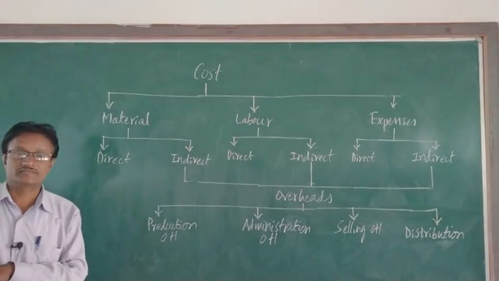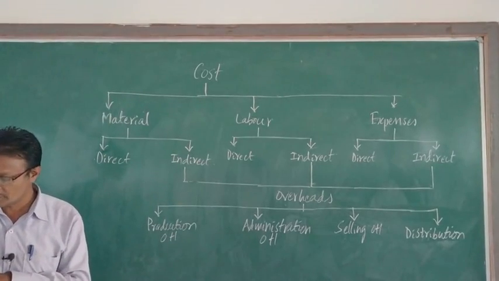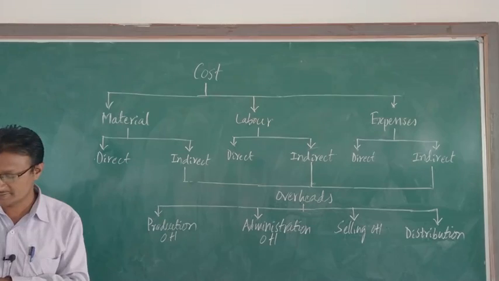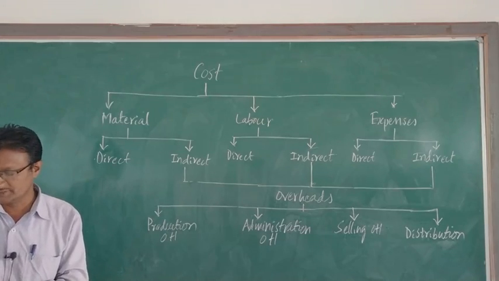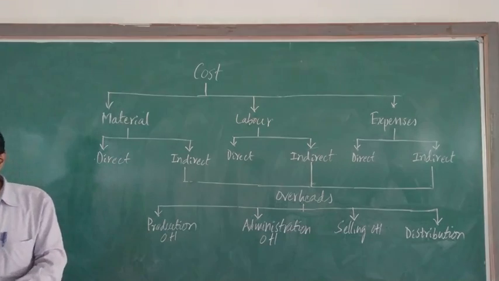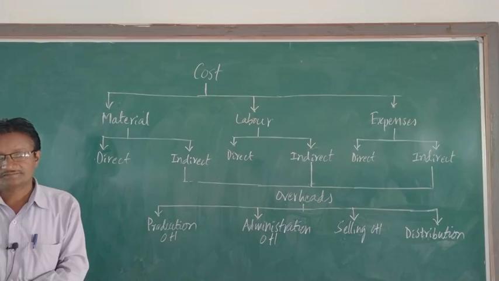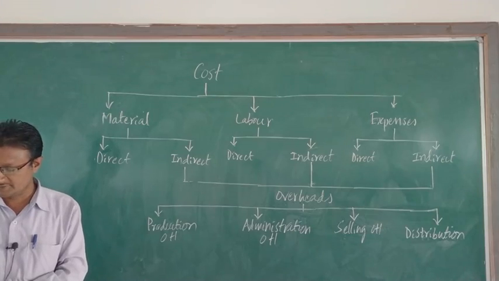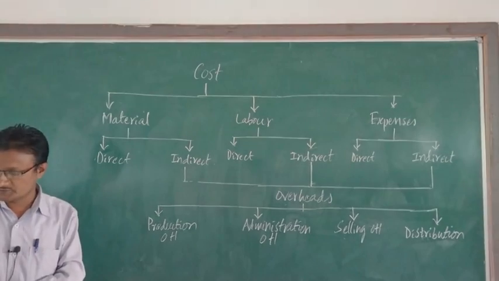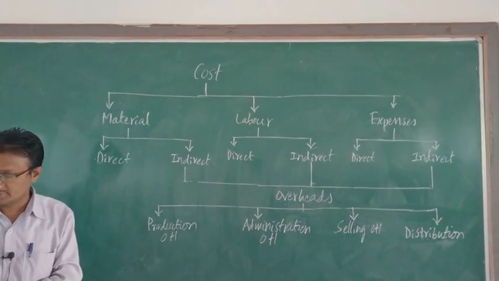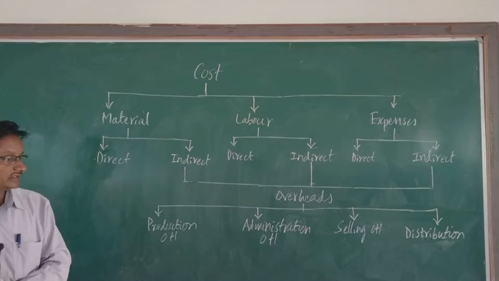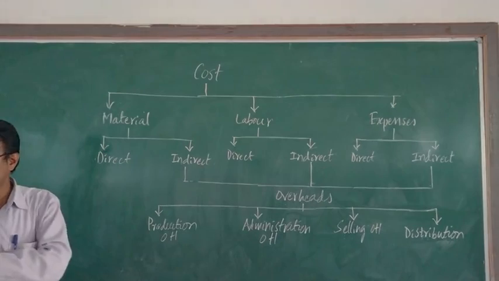Therefore, the examples of distribution overhead are packing costs, carriage outward, warehousing costs, loading charges, dispatch expenses, transport charges, etc. All these are examples of distribution costs.